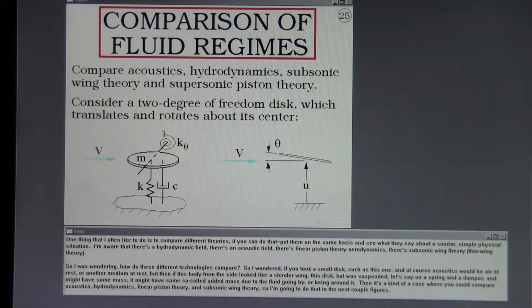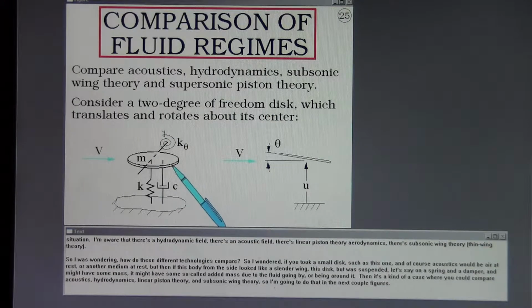So I wondered if you took a small disc such as this one, and of course acoustics would be air at rest or another medium at rest.